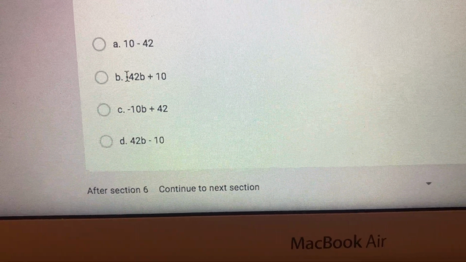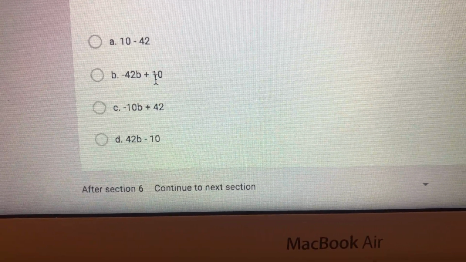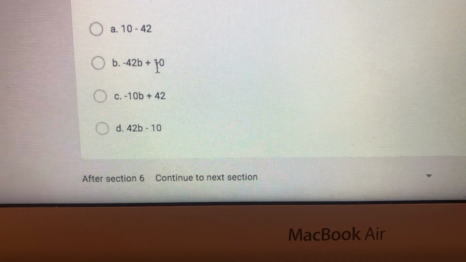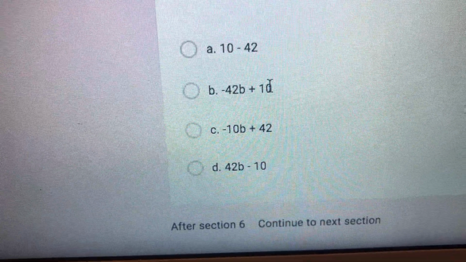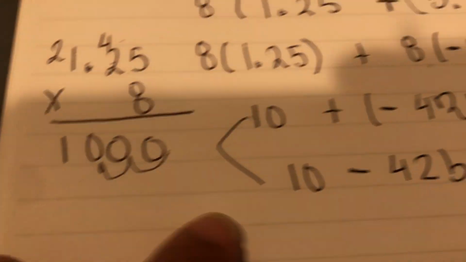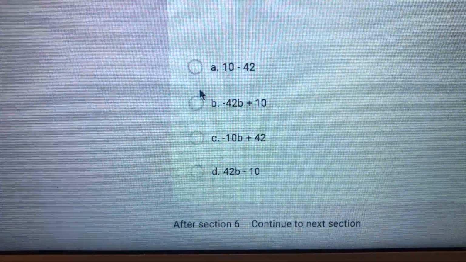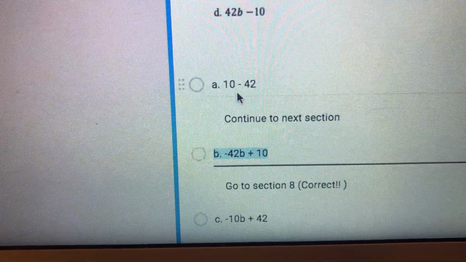And here we have negative 42b plus 10. And so if I look at this, here, my 42b is negative, and in part B, it is negative 42b. And then over here, my 10 is positive. So yeah, right here is actually the same.